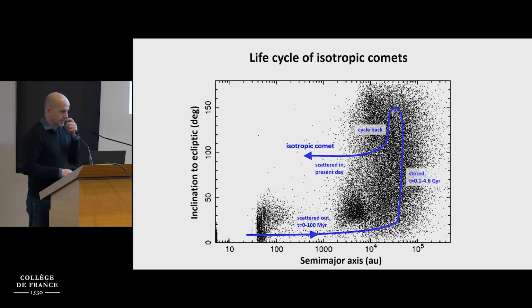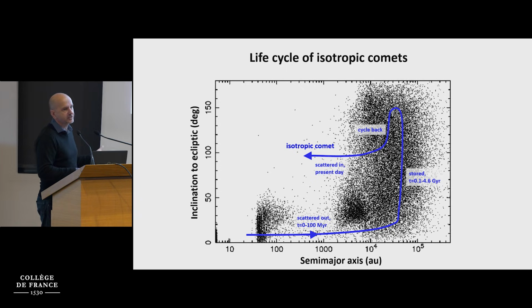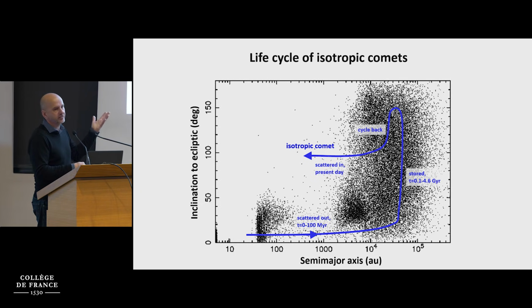Okay, so based on all this, we have a basic understanding of how this evolution happens. Early on, we have the trans-Neptunian disk that's scattered out on a time scale of tens of millions of years. It's scattered to very large distances where the galactic tide starts acting on it, raising the inclination, sometimes even to retrograde with respect to the ecliptic plane.